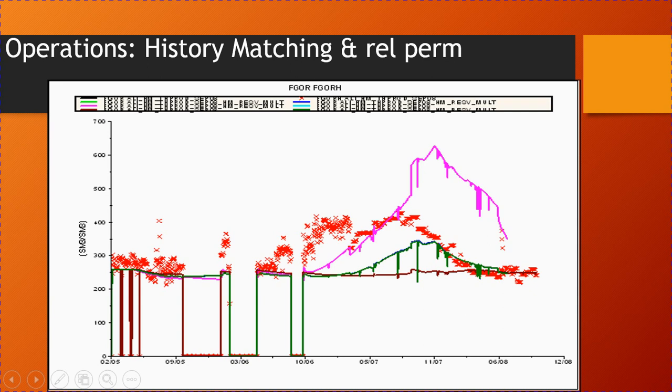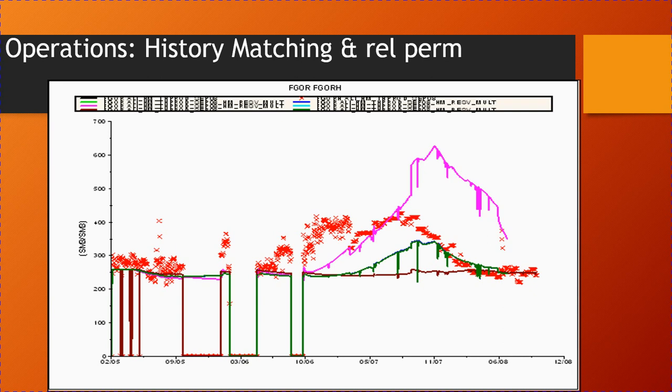So one can play on many values to try to match this. You can play on the bubble point, on the GOR versus depth, and still not be able to manage it. Actually, the key factor here is the relative permeability, how the oil moves versus the gas, and how the gas moves versus the oil, and that's what was found at the end of the day.